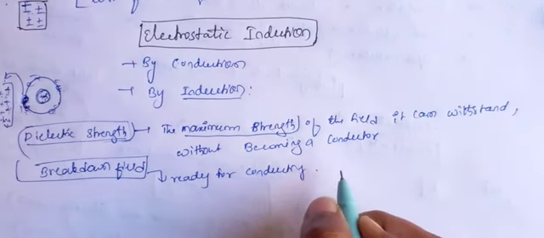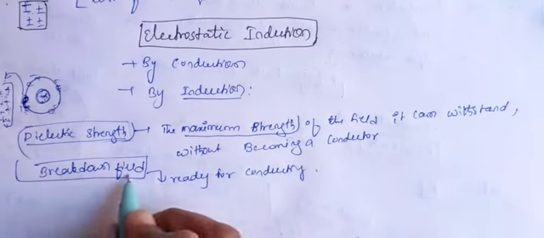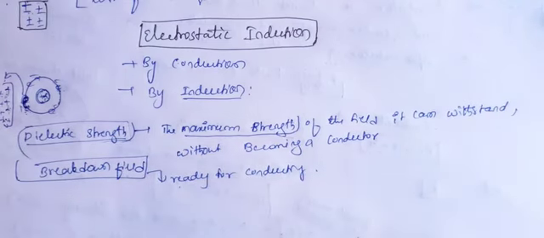That means it will break the insulation and be ready for conducting. So that is the field which breaks the insulation and is ready to conduct with another positive charge. That is the breakdown field.